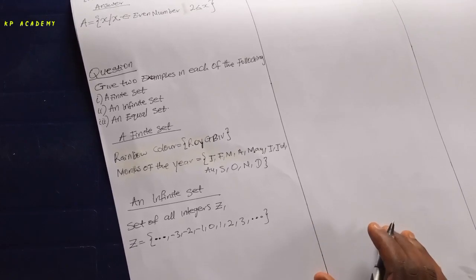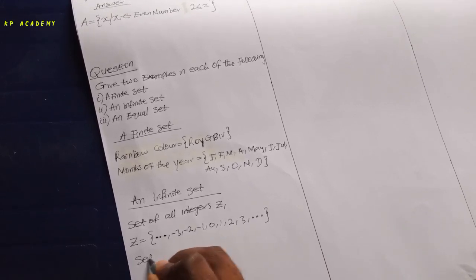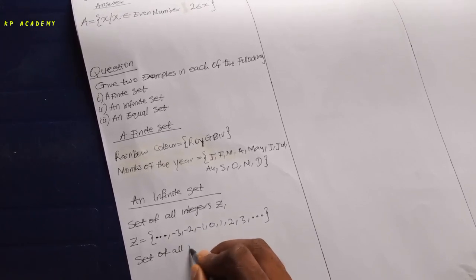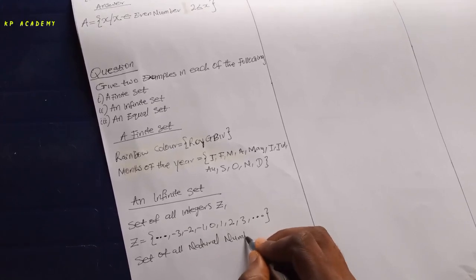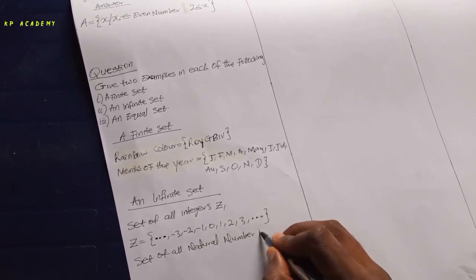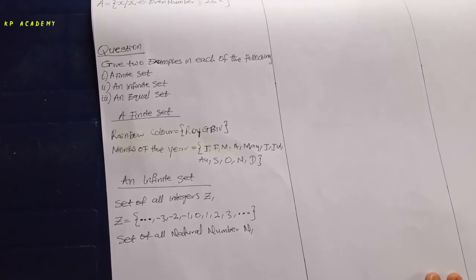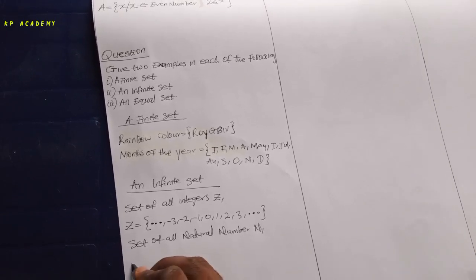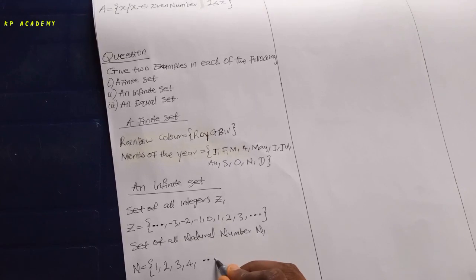Another good example of an infinite set is the set of all natural numbers, N. So N is equal to 1, 2, 3, 4, and so on, dot dot dot.